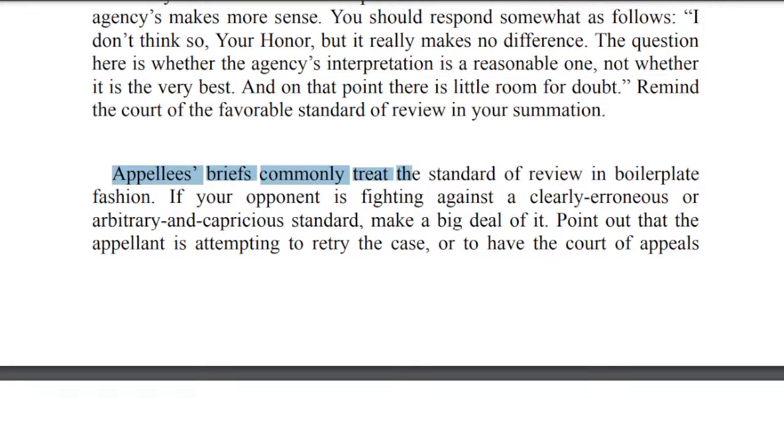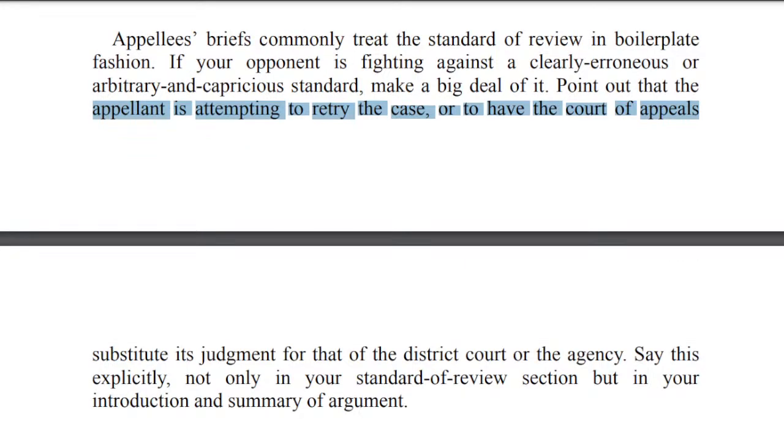Remind the court of the favorable standard of review in your summation. Appellee's briefs commonly treat the standard of review in boilerplate fashion. If your opponent is fighting against a clearly erroneous or arbitrary and capricious standard, make a big deal of it. Point out that the appellant is attempting to retry the case, or to have the Court of Appeals substitute its judgment for that of the district court or agency.